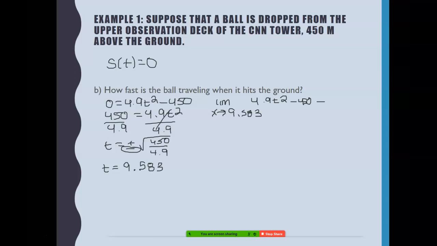So 4.9 times 9.583 squared, minus 450, gives a very, very teeny tiny number.